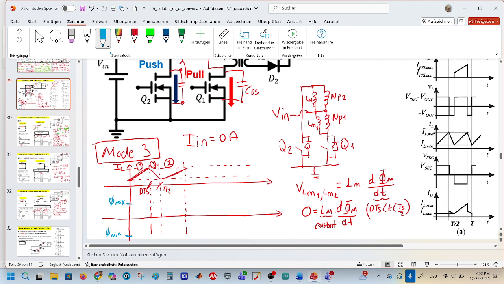During mode 1, the flux increases, and during mode 2, the flux decreases. This is the change of flux, and this is the change of flux. Not the current.